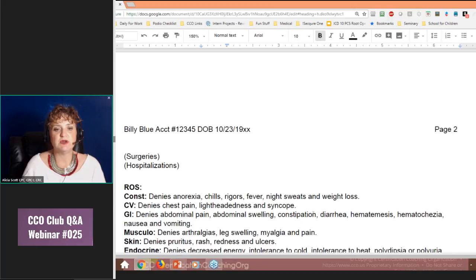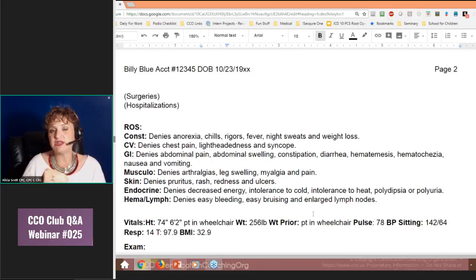So we'll keep going. Now, another thing about risk adjustment: when you go from one page to another, the patient's name and date of birth has to be on every page. Some companies may say you don't have to have the date of birth, but you definitely have to have the patient's name on every page, or the date of service.